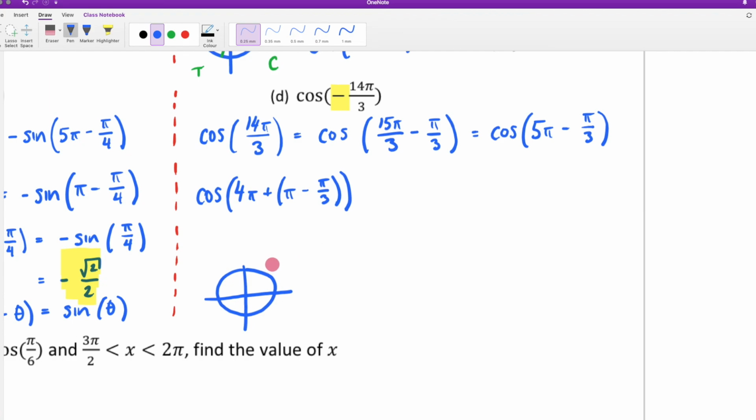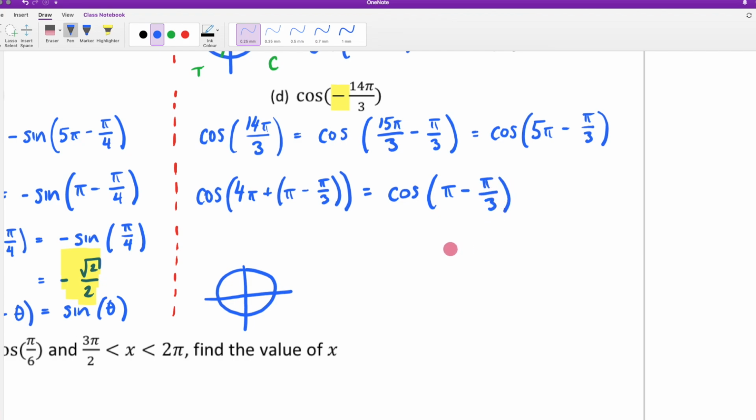Which means if I have 4 pi, it is going around the circle once, that's 2 pi, and going around again, that's 4 pi, which is simply taking me back to where I started, which means we can, in a sense, get rid of this 4 pi. So this is going to be equal to cos of pi minus pi over 3.